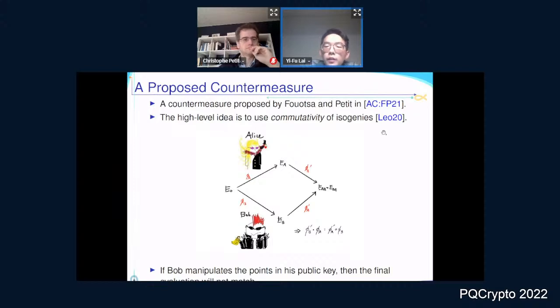But in fact, in this paper, if both parties are using Vélu's formula, they are not only isomorphic, they are identical. So the curves are identical and the evaluations will be the same. So in the GPST attack, Bob manipulates the points, then the final evaluation might not match the original one.